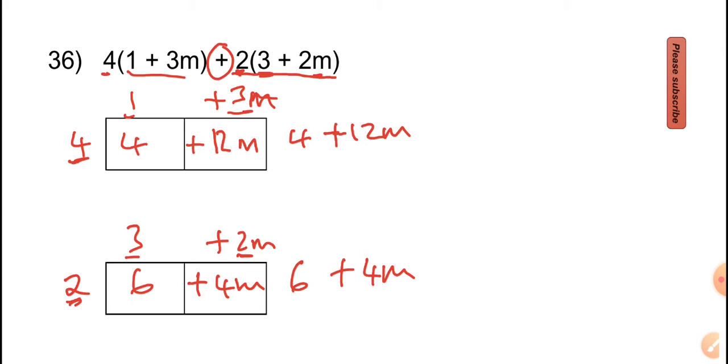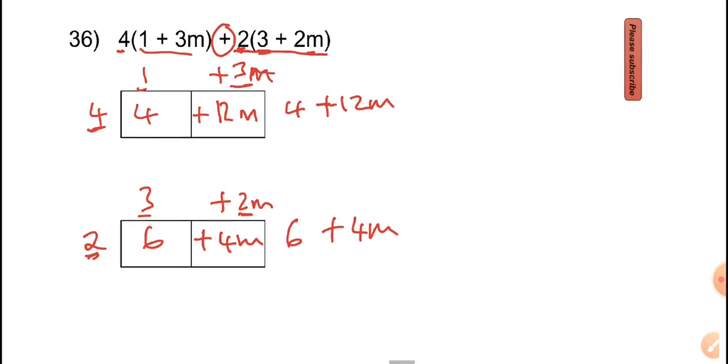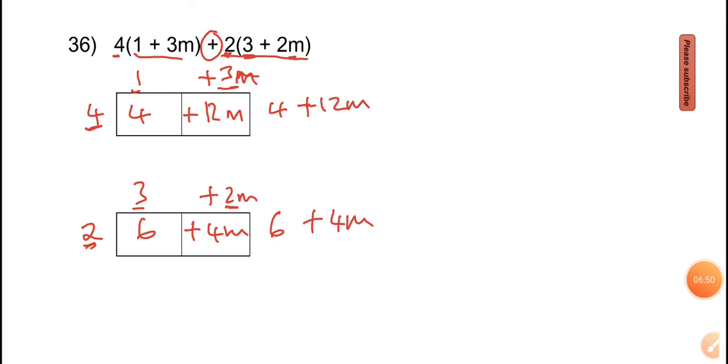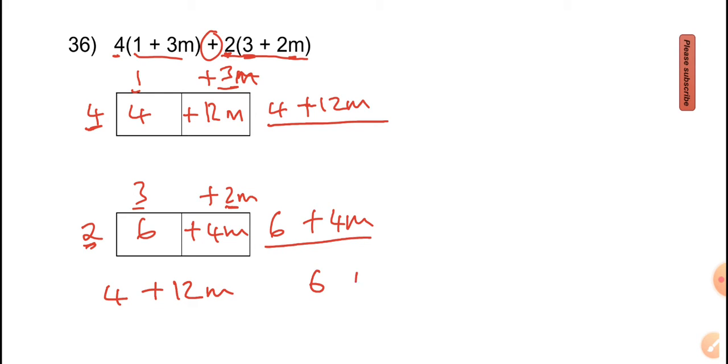So we have from here 4 plus 12m, and from here we have 6 plus 4m, and then because the sign was a plus up here, I put plus here.